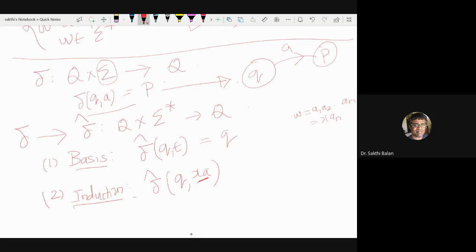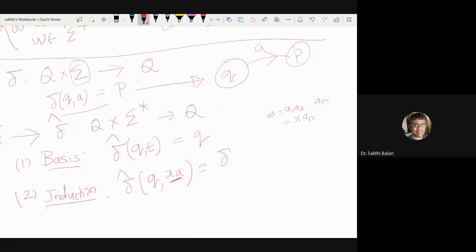So delta cap of Q comma XA is given as delta of delta cap of Q comma X, comma A. That is the definition of delta cap.